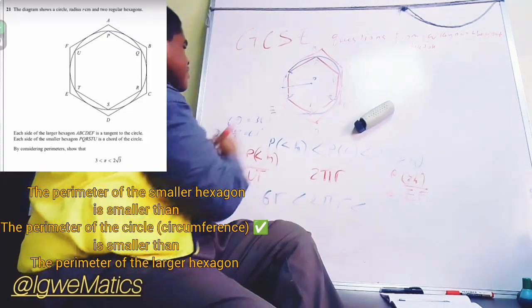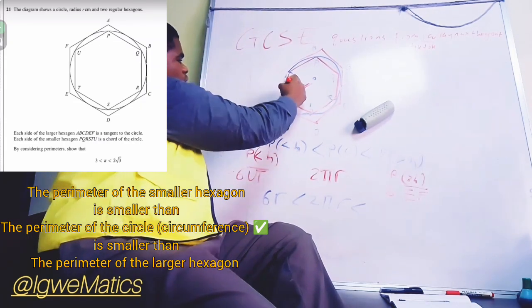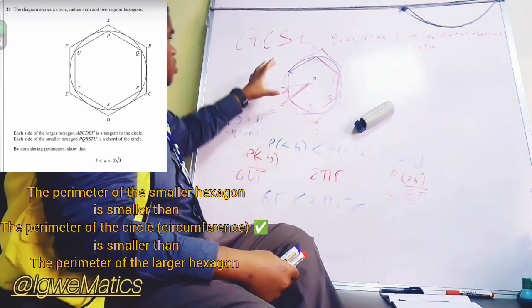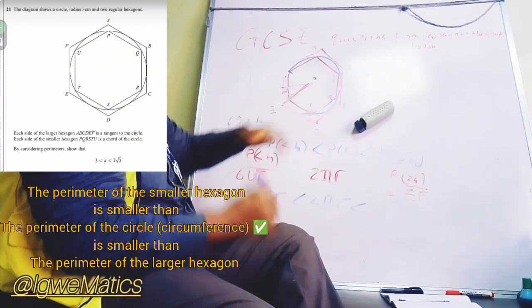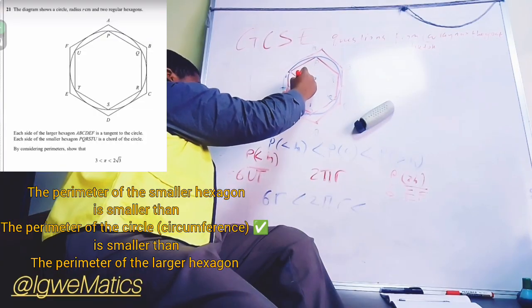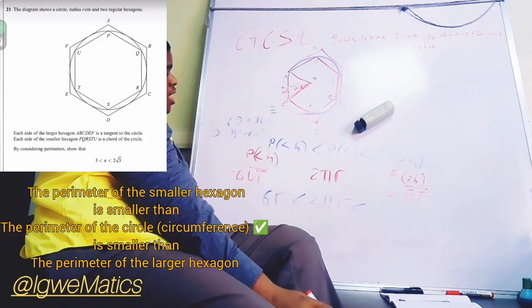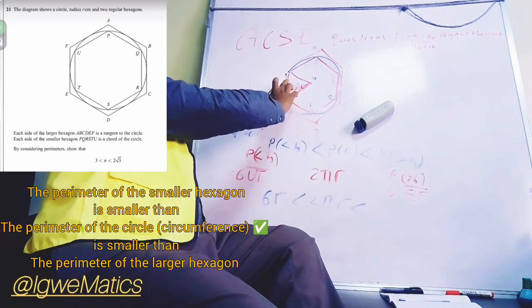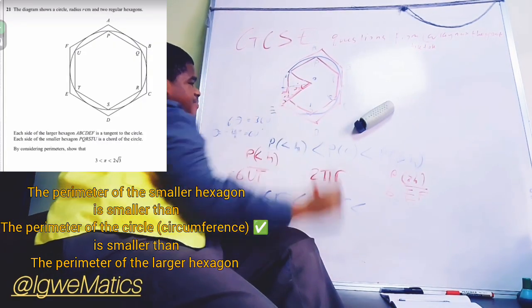If you draw another line from E to O, then we will get a right angle triangle. So this angle here will be 90 degrees, while here will be 30 degrees. Because remember, the angle from here to here was 60 degrees. Half of that will give you 30 degrees here. And since here is 30 degrees and here is 90 degrees, what's left of the triangle should be 60 degrees.